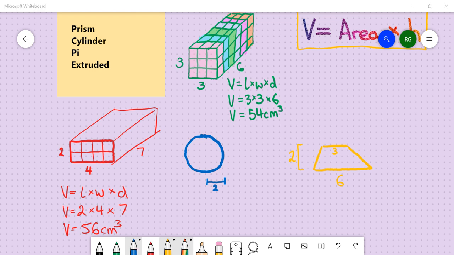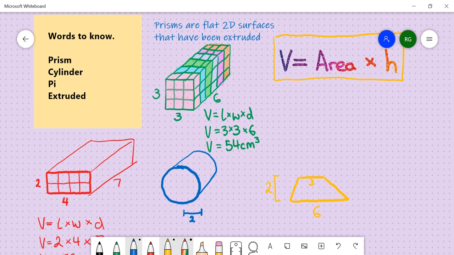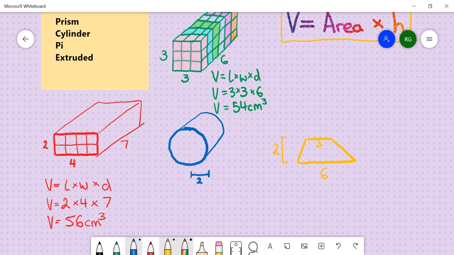The next example follows the same principles. It's going to be like a tin can, like so. So we've got a circle, and based on our information, we need to determine the area of that circle first and multiply it by its length or its height.